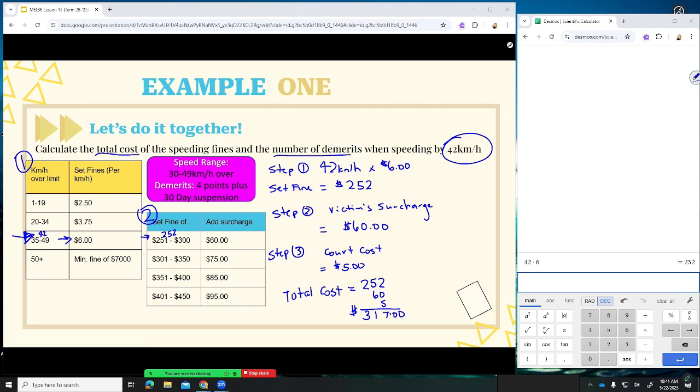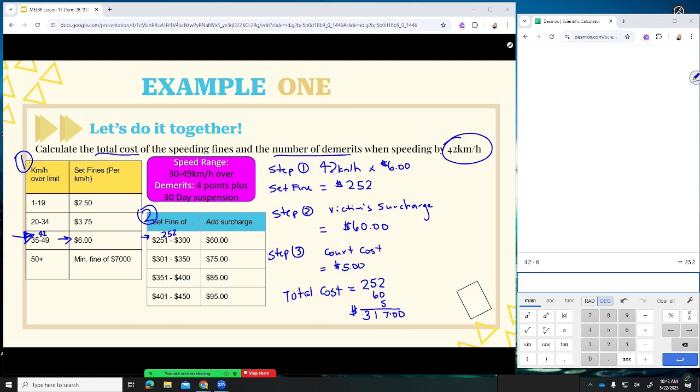The last part of the cost are our demerit points. If we look at the table on pages 23 to 24, we want to know what happens if we are speeding by 42 kilometers. So you go through and look at, all right, 6 demerit points if you exceed the speed limit by 50 kilometers per hour or more.